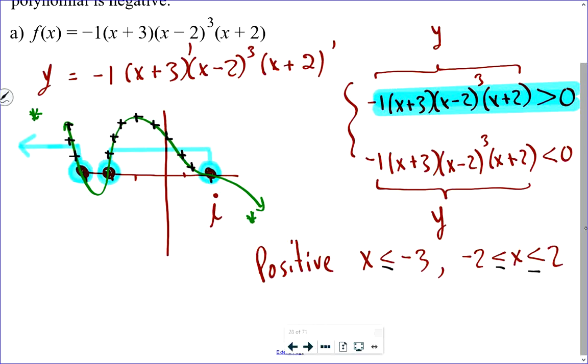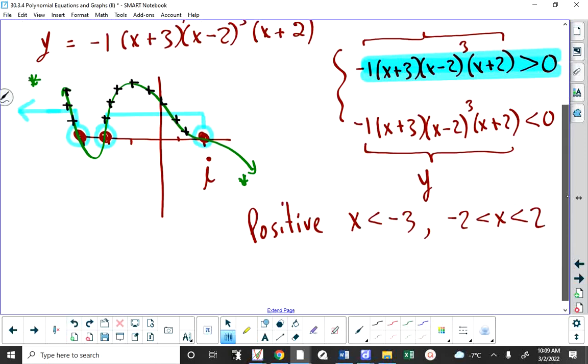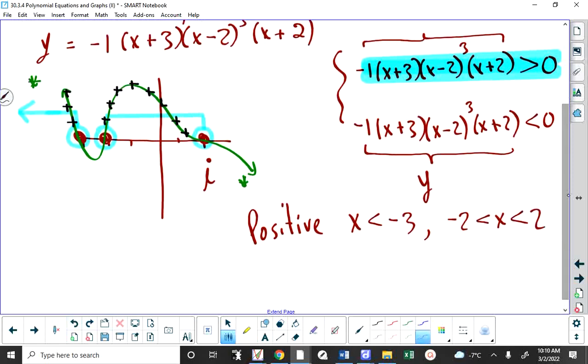The polynomial function is 0 at those points. So we would not include the equals to here. I'm going to finish this off by now talking about where the polynomial is negative. The polynomial is negative.